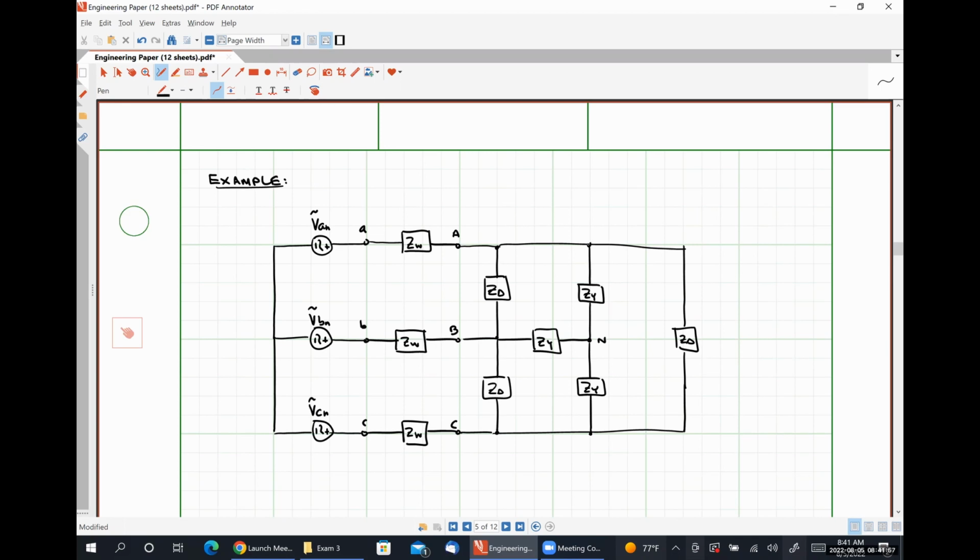All right, so what are we told? We know that our phase voltages at the source are 120 angle 20 degrees volts RMS. We know that our Y connected impedances are 8 plus J2 ohms.